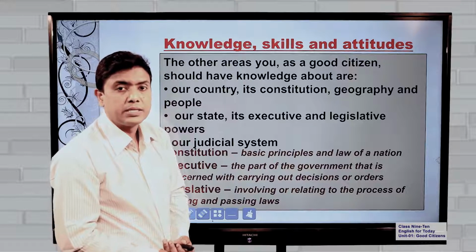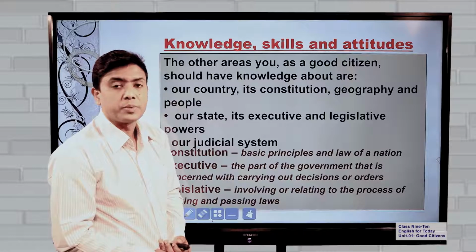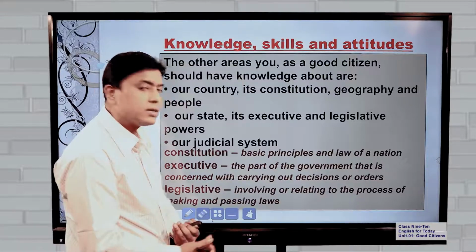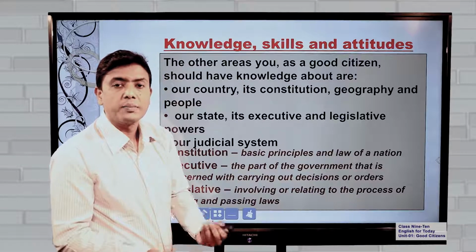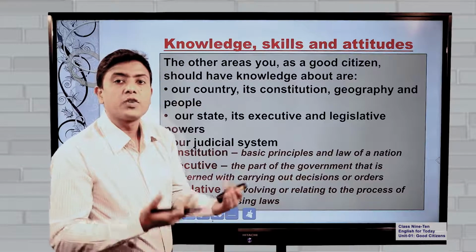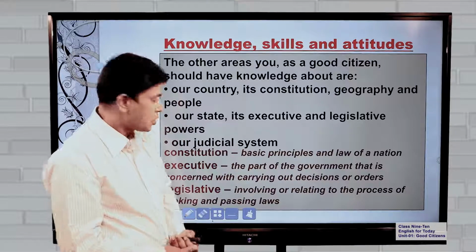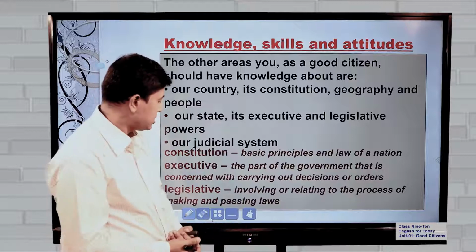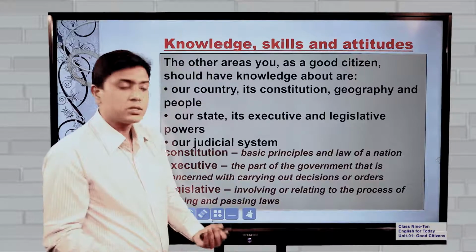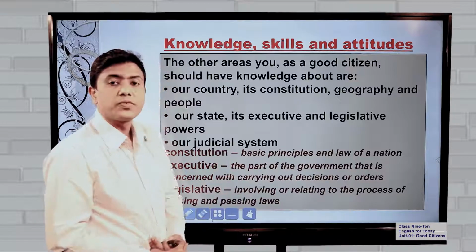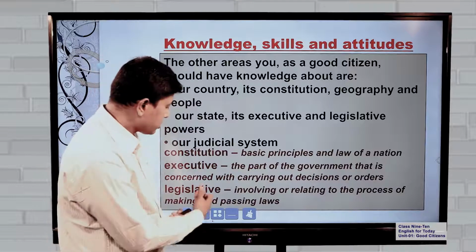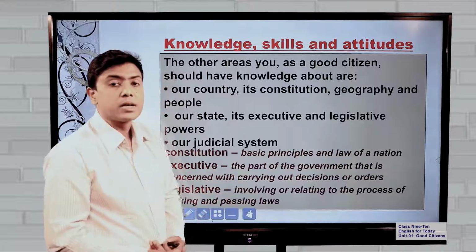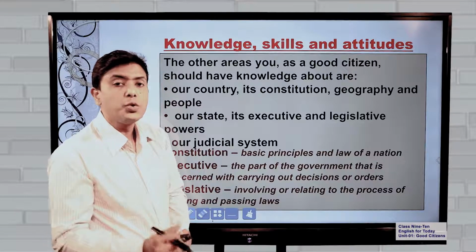In the parliament building, the members of the parliament, along with the Honorable Prime Minister, make different laws which help the country to operate better and better. So, constitution, the guideline of a country, very important. Executive, the part of the government that carries out different decisions and orders, and also legislative, which is involved in making and passing different laws. So you should know about it.